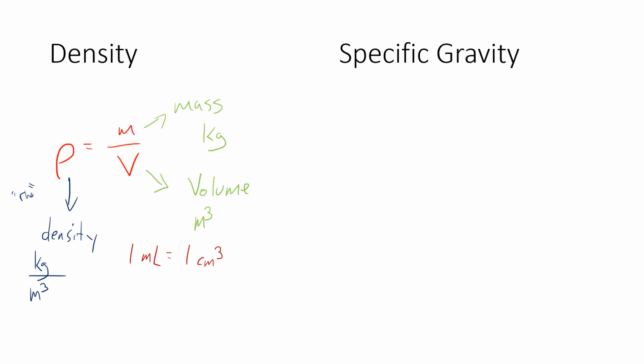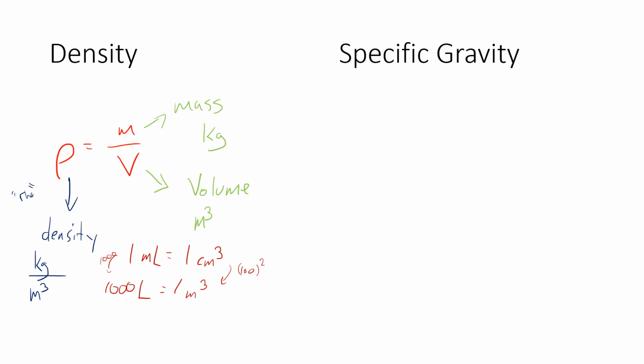So this means that 1 meter cubed is going to equal 1,000 liters. Because this guy, you multiply by 1,000 to go from milliliter to liter. This guy, you multiply by 100 three times, which is going to be an extra 3 digits. That's why that's 1,000 liters there. All right, so we just want to make sure you're okay with that.